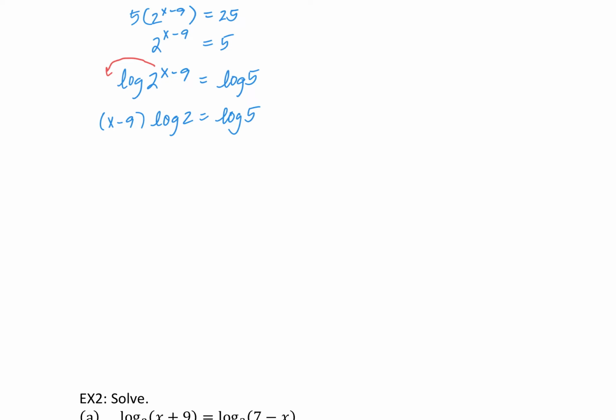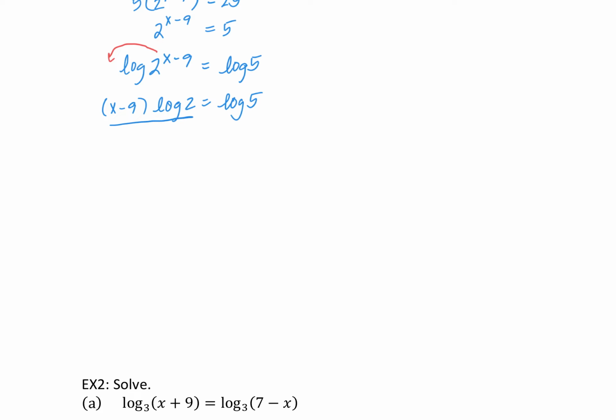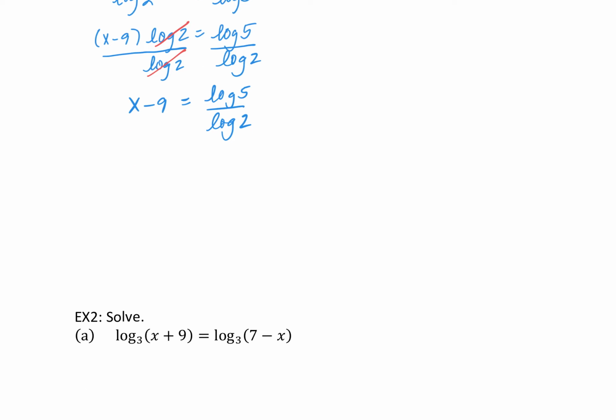I would then divide both sides by log 2, which will cancel on the left-hand side, to get x minus 9 equal to log 5 over log 2. And now I would simply add the 9 to both sides to get my exact solution, of x equal to log 5 over log 2 plus 9.